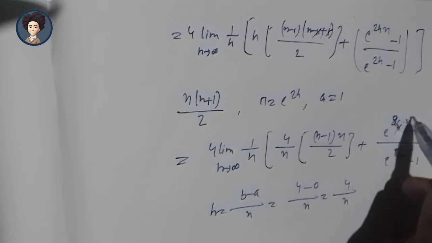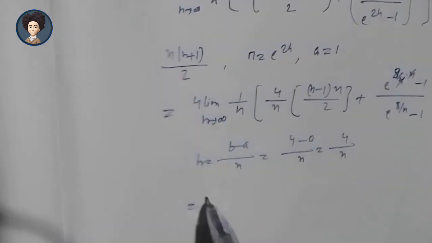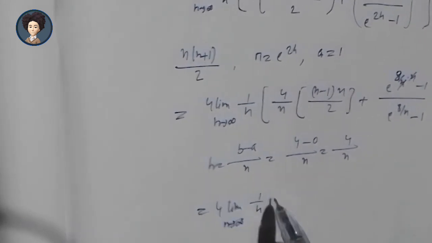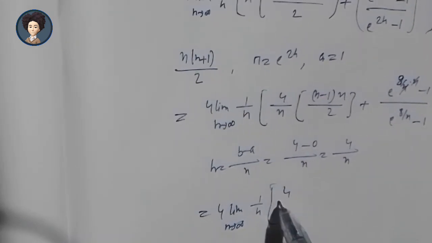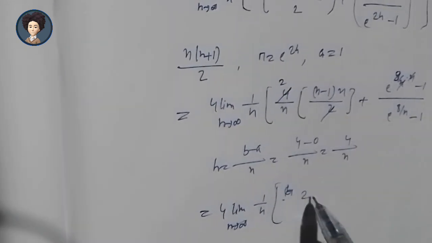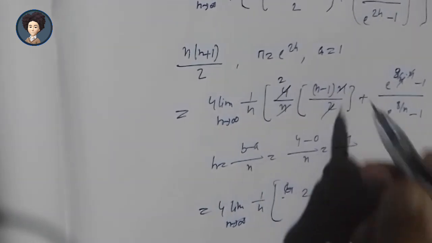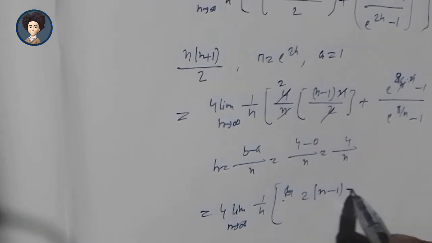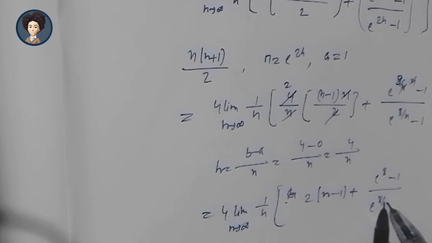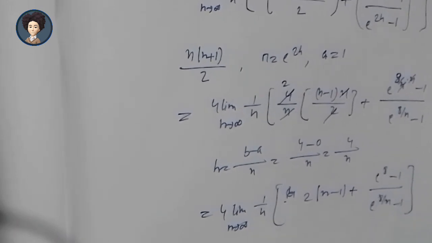This n and this n will cancel out, and here is left the limit as n tends to infinity of 4 by n. Since this 2 and this 4 cancel out, here is left 2, and n cancels out, and here is left n minus 1 plus e to the power 8 minus 1 divided by e to the power 8 by n minus 1.